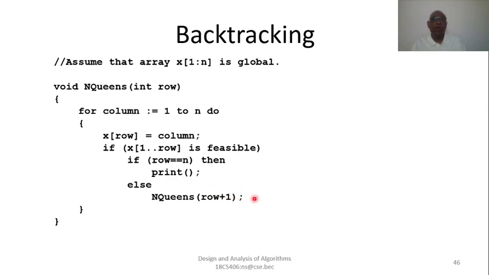So this is just an outline of an N-queens algorithm, and you can always try implementing this function, which is called with the parameter value of row or level as 1.